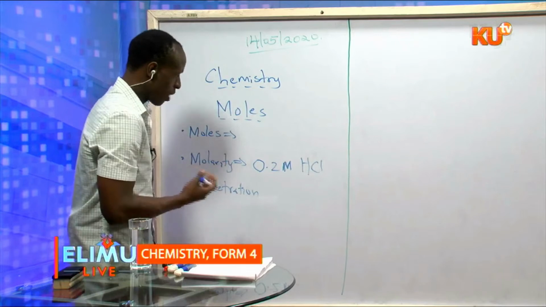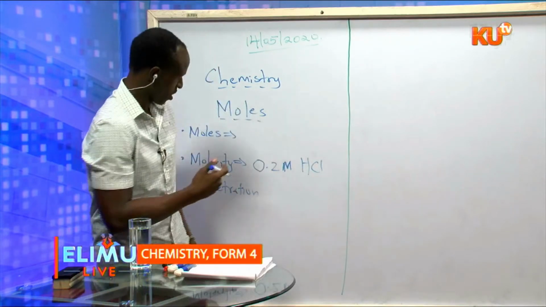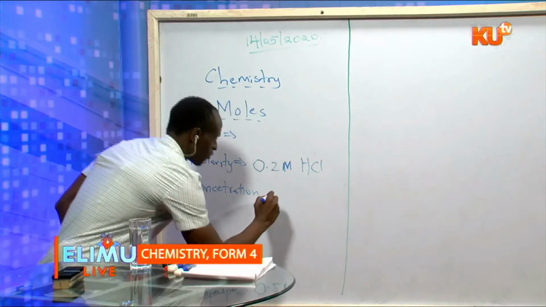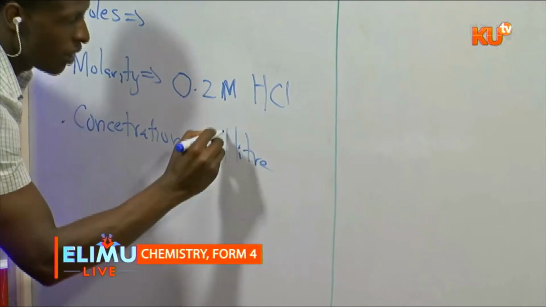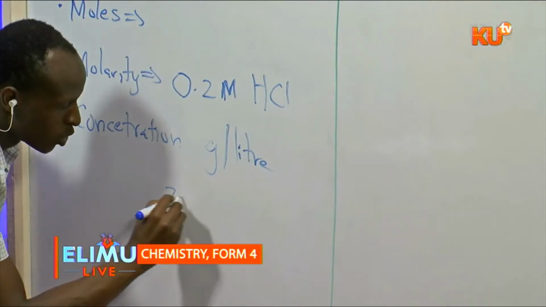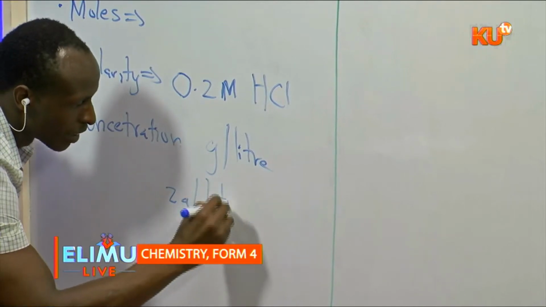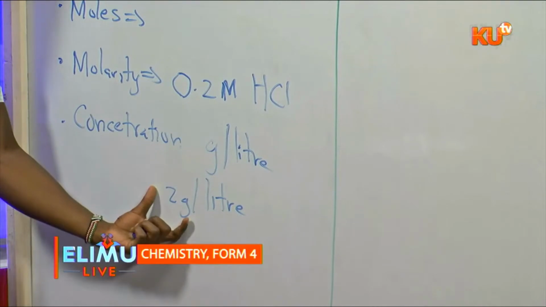And you indicate it in grams per liter, where the slash stands for per. So like I can have 2 grams per liter. So this is concentration.